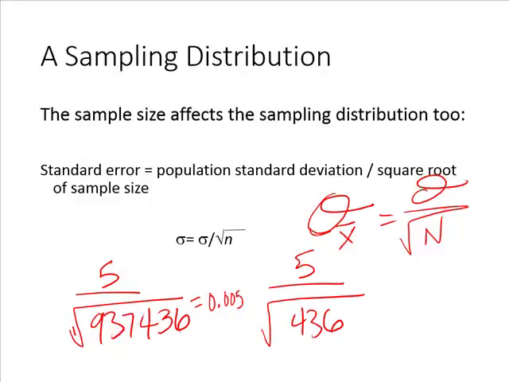Is a tiny number. The standard error of 5 divided by 436, a sample of 436, is 0.24. Okay. So, one more time. The larger our sample size, the smaller our standard error.